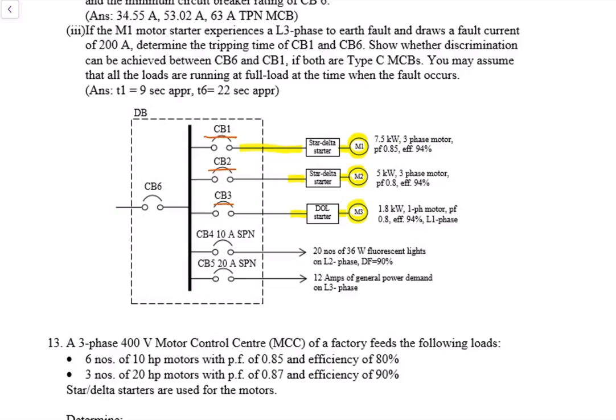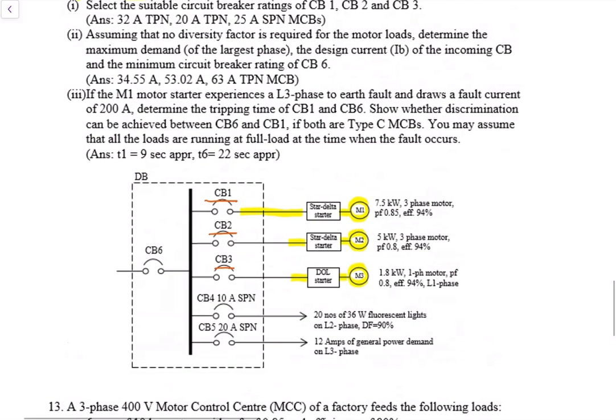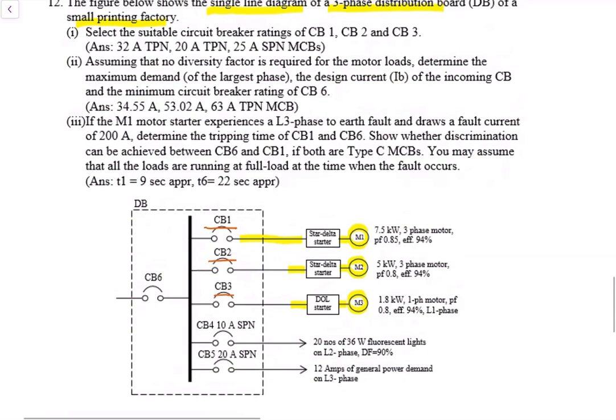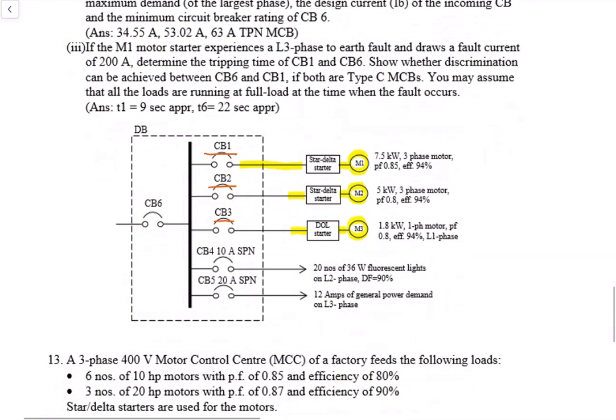The first step, we have to calculate the full load current. Step 1. Full load current, as you remember, we just basically use the power formula.